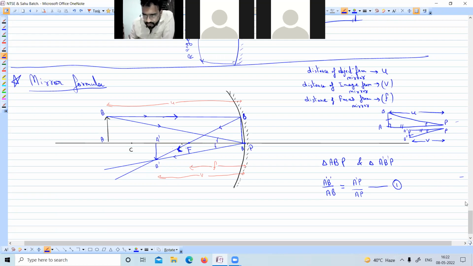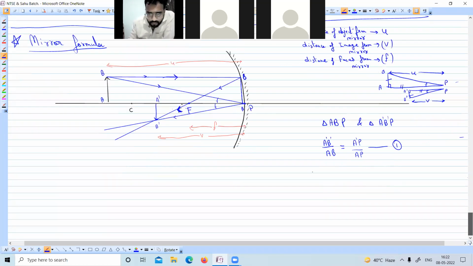A is very close to P, we assume this. Okay. So we have the new two triangles, that is B dash, A dash, F. A and P are same point, and B. Clear?